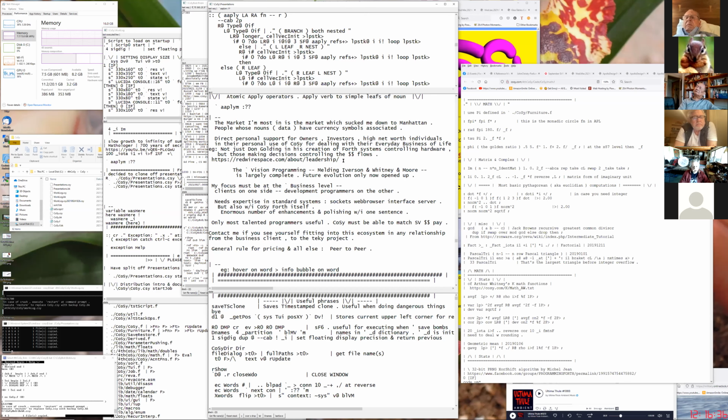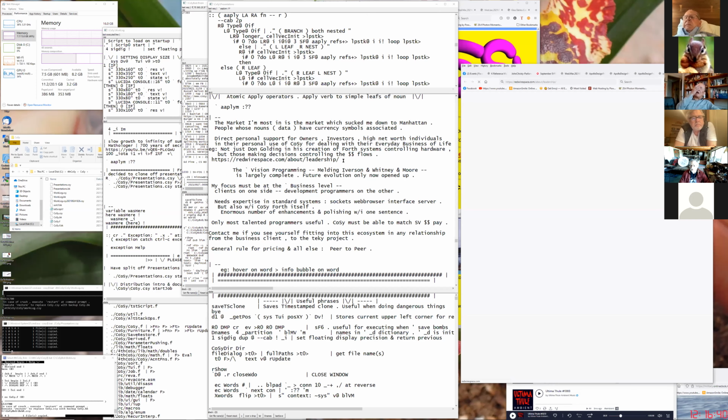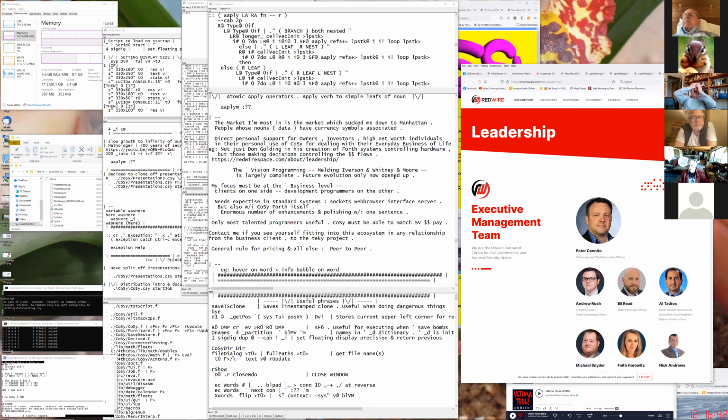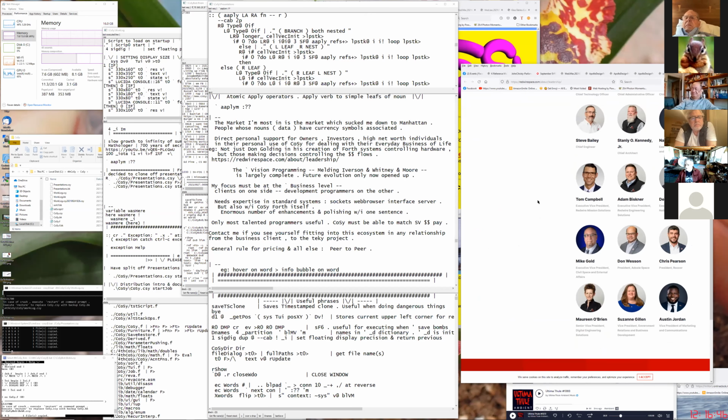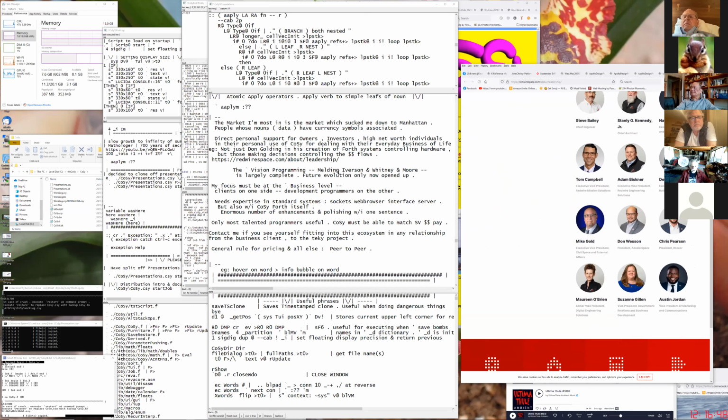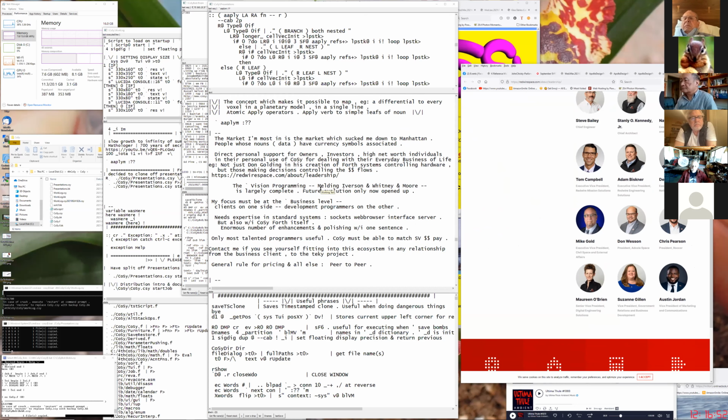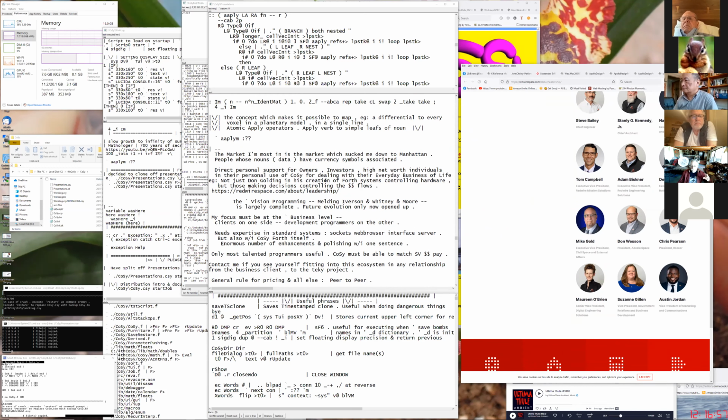It's not just building the space platforms, it's also directly supporting these individuals who are running the corporation. And they're very bright individuals, and most software systems don't appreciate that level of brilliance.